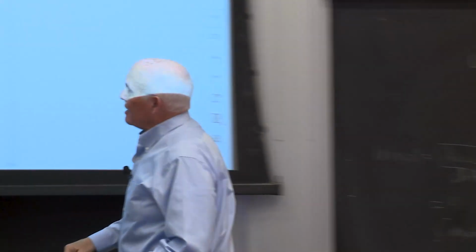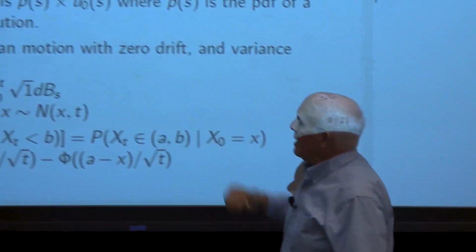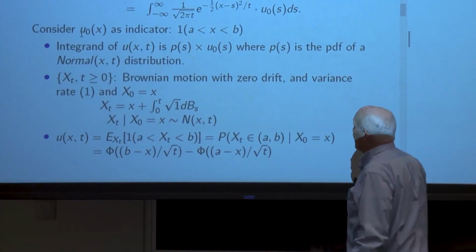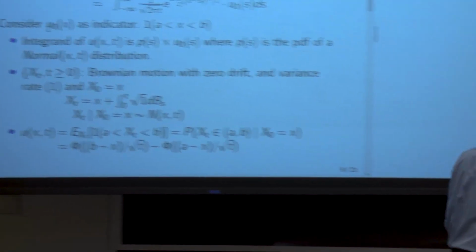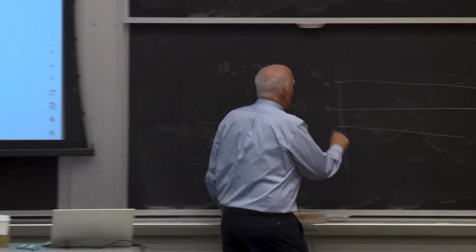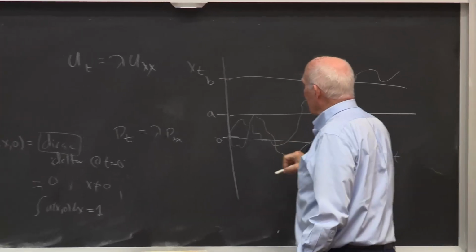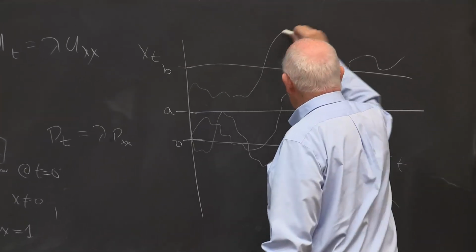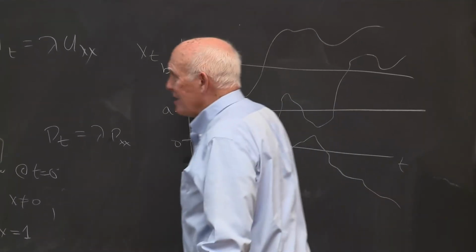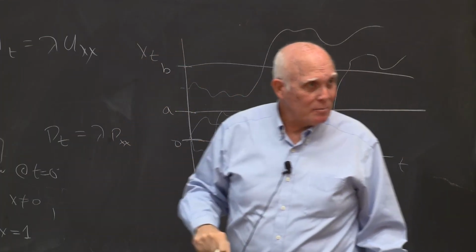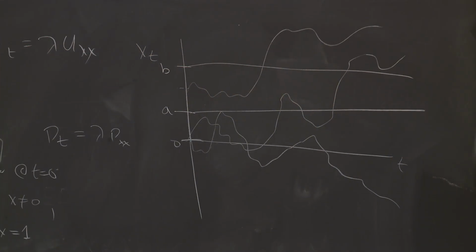So let's consider a u-naught function for the initial condition to be the indicator of whether a process lies between a and b. So there will be some paths that start with the indicator being 1 and others with the indicator being equal to 0.